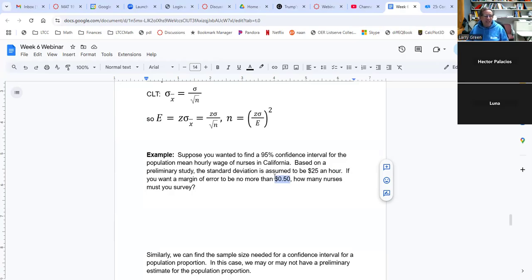So let's let the margin of error be 50 cents. We'll be happy enough. Does that make sense? You wouldn't want a $100 margin of error because that'd be a huge amount of money in terms of income. But 50 cents an hour is not that much of a difference. So how many nurses must you survey? Any questions on this idea?